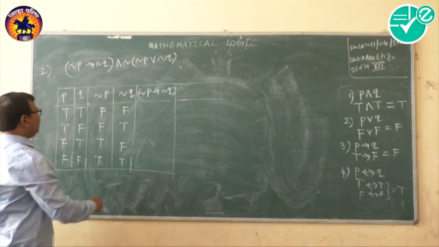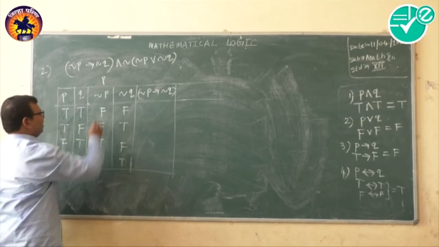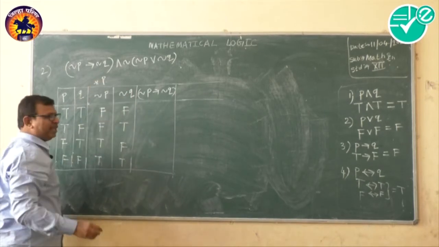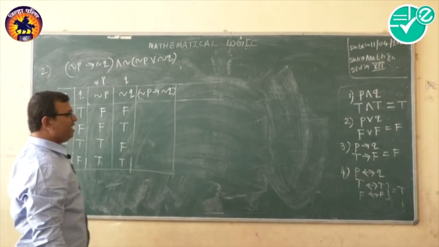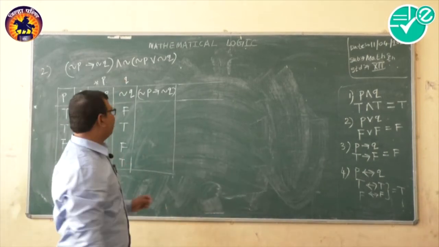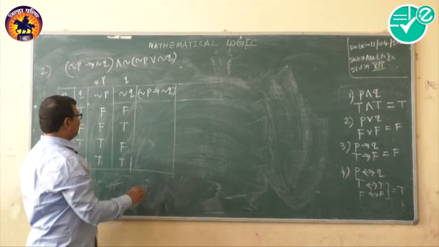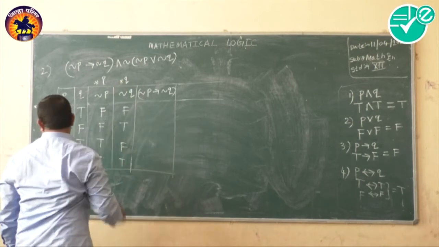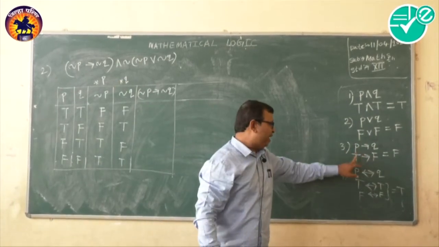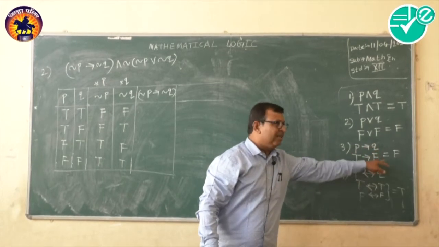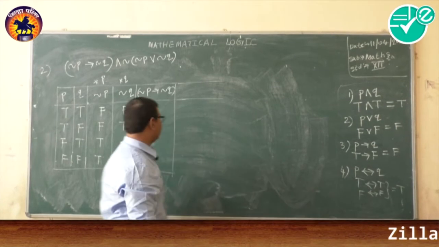Therefore, now consider negation P as P and negation Q as Q. For solving this, now see, implication means if P is true and Q is false, then only it is false. In other cases, it is true.